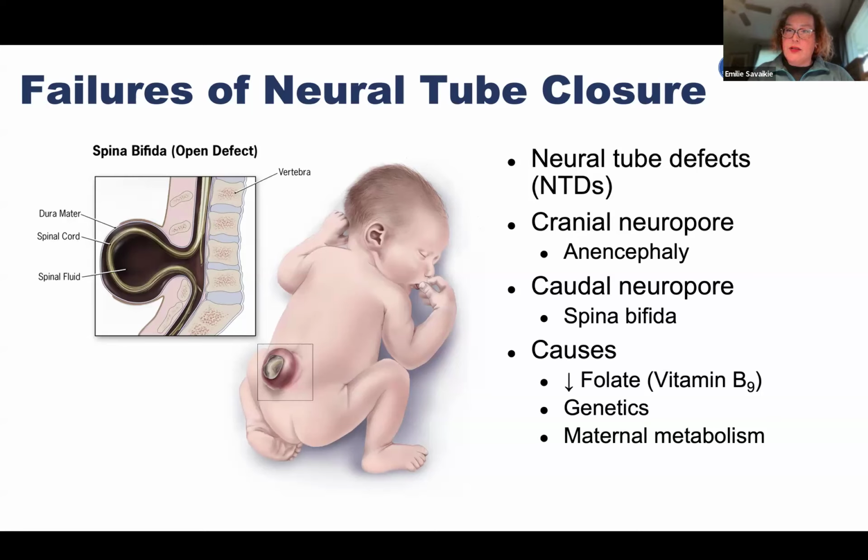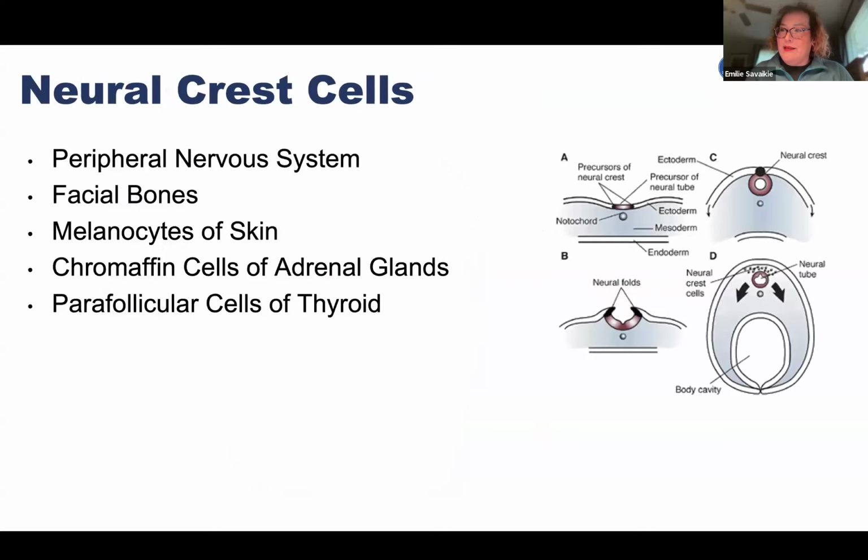Some of the causes for this are low folate, or folic acid, or vitamin B9 prior to pregnancy. Genetics often play a role, and the mother's metabolism, such as issues with gestational diabetes, which can happen to pregnant people when they get pregnant.